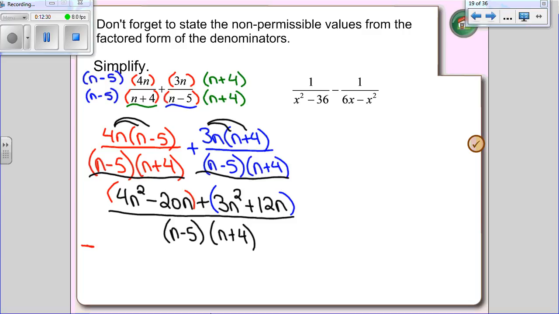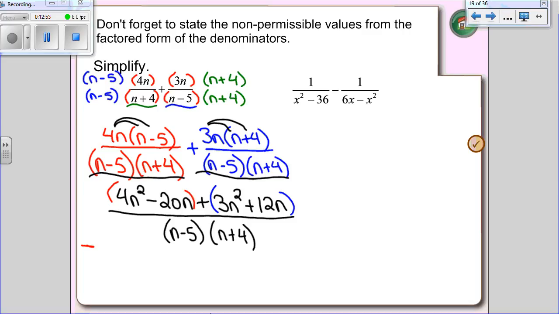Perfect. And the bottoms just combined, and you only have to write it once now. Just like we used to do with our fractions before, if I had 1/2 plus 2/2, it became 3/2. The denominator stayed the same. It doesn't need to be multiplied. It doesn't need to be combined or anything. It just stays the same. Combines into one.